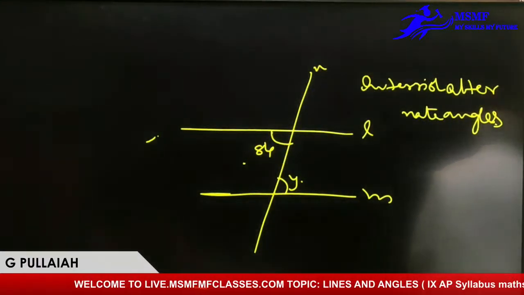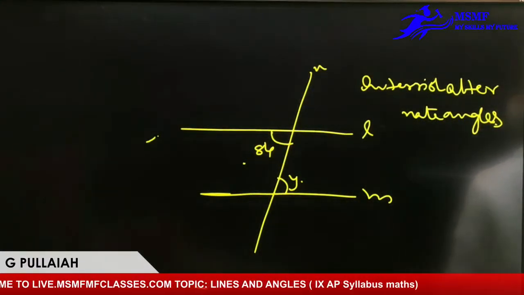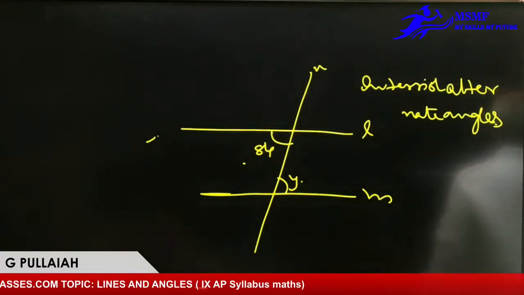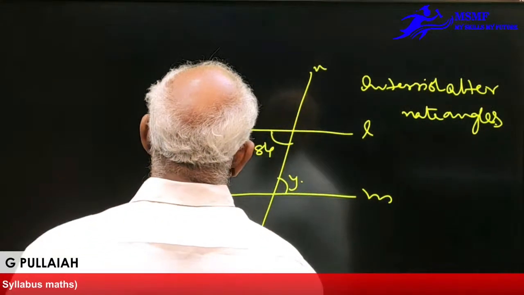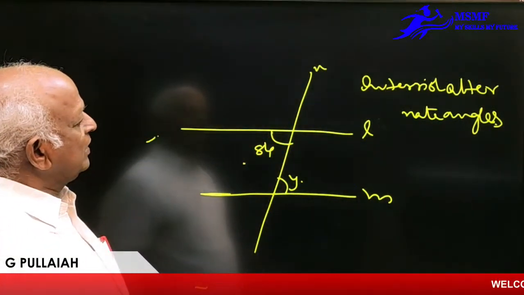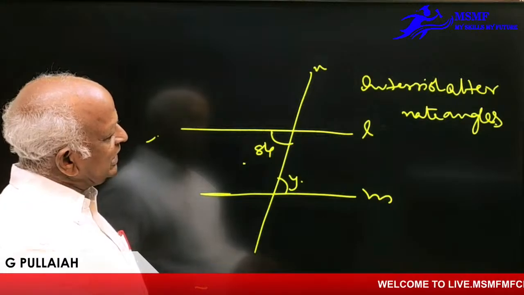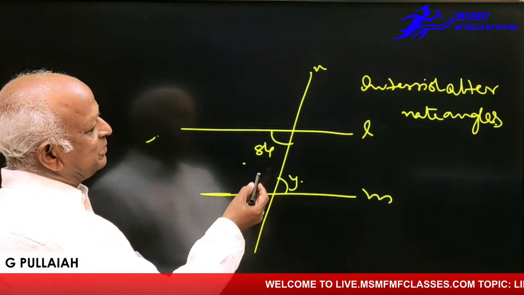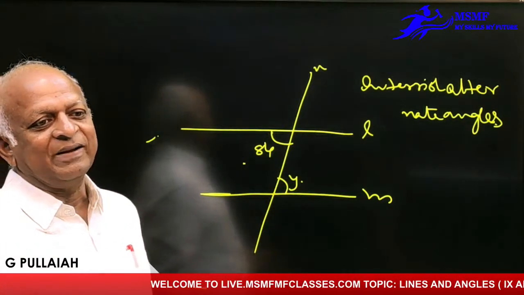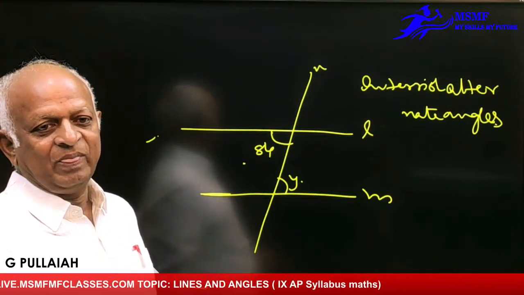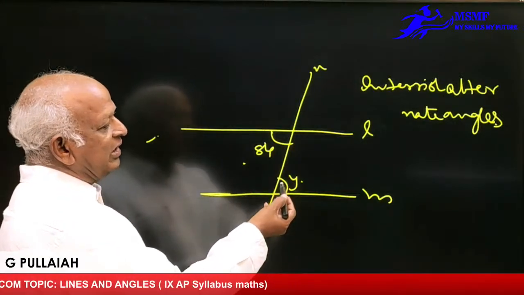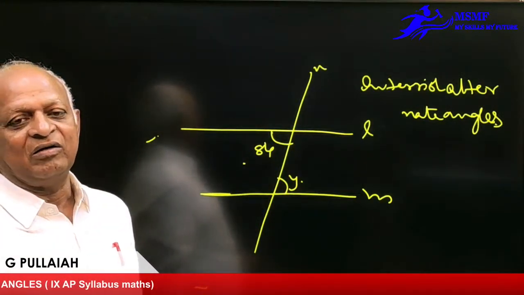Think about it very carefully. These are said to be the interior alternate angles. These interior alternate angles are always equal. Here we call them the alternate angles, or interior alternate angles.